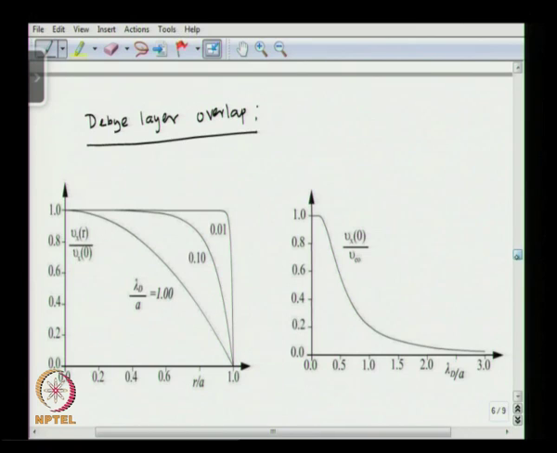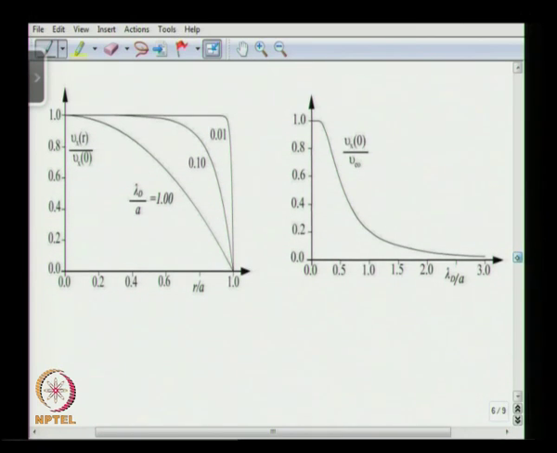So, we talk about different length scales. In one case we have lambda d over a. Let us talk about flow through a tube. If this is equal to 0.01, that means we are talking about a tube of radius about 1 micron, a micron size tube. So, this results in a flat profile.